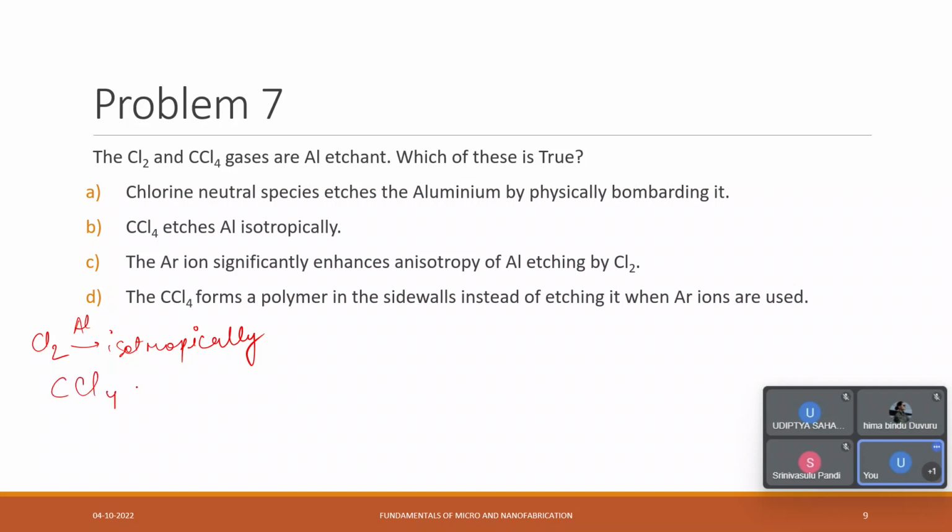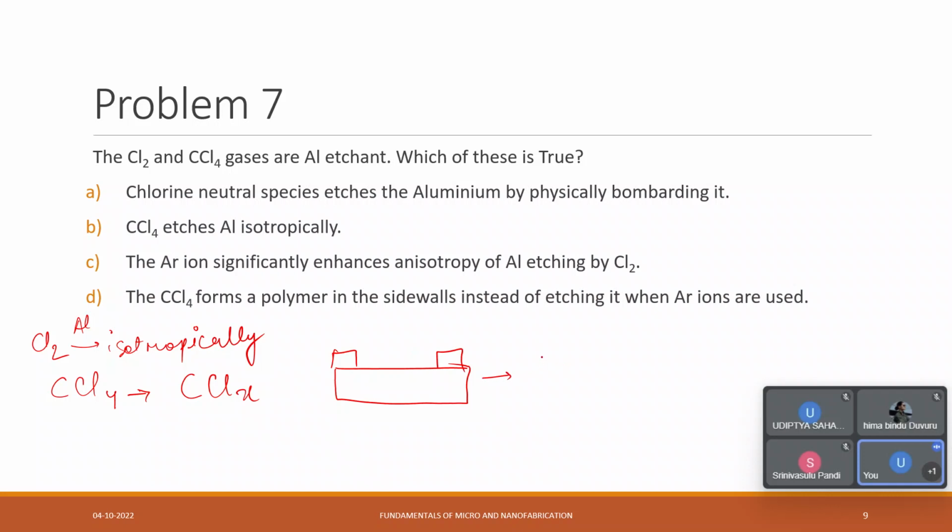But when we etch it through CCl4, what happens is CCl4, like we told about this dissociation, breaks down into some form of CClx actually. Consider that this portion is there and this is the mask you have, and you start etching it.